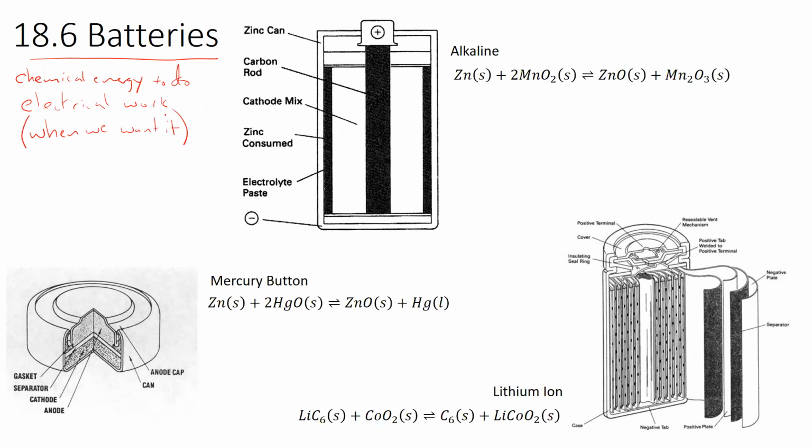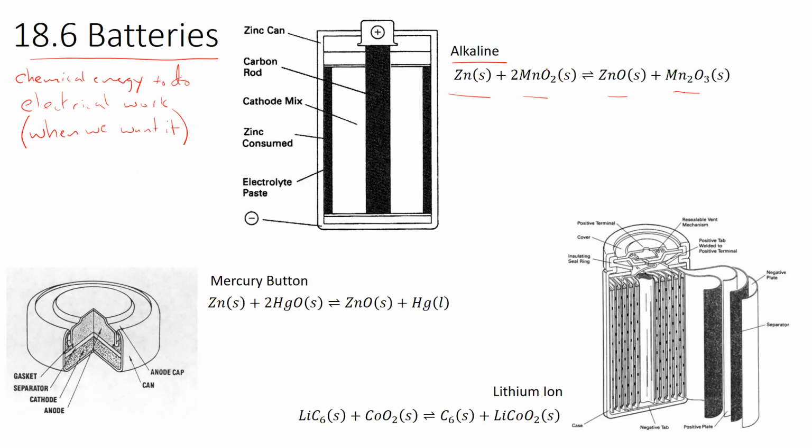So if you think about certain types of batteries, there are alkaline batteries, things like Duracell, Energizer, whatever you happen to use, all kinds of different ones out there. A lot of those alkaline batteries are just zinc reacting with manganese oxide to form zinc oxide and manganese dioxide.